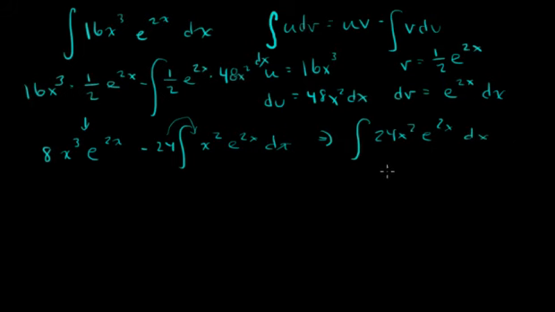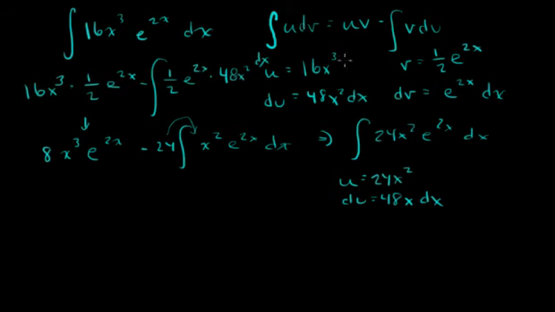Okay, so let's make u 24x squared. When we take the derivative of this, it's going to be 48x dx. All I'm doing is taking the derivative. Now we need to substitute in something for dv.